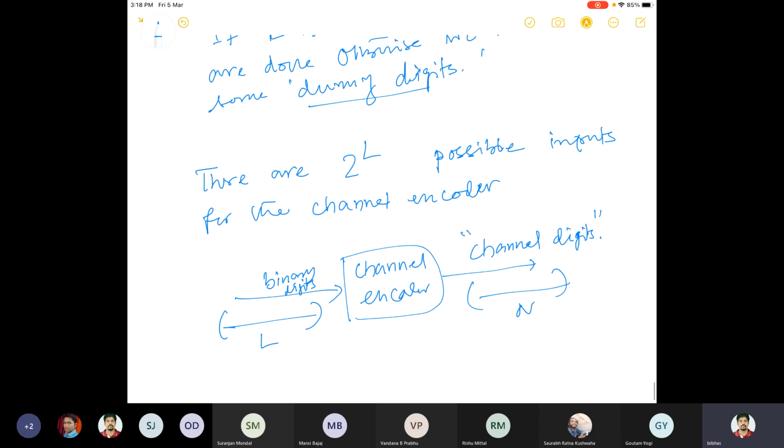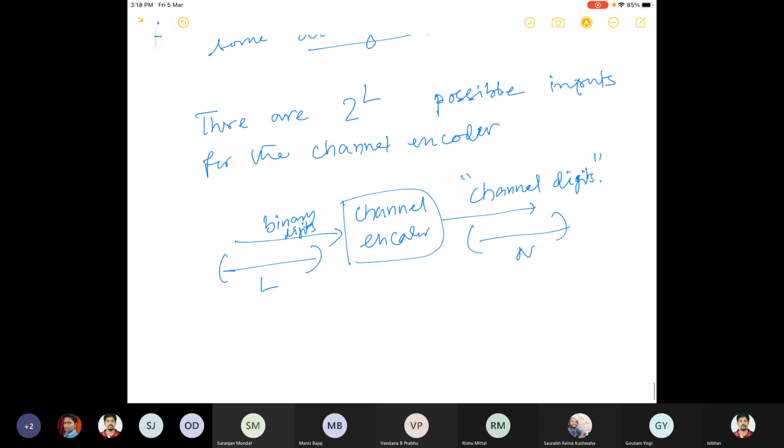So the number of possible inputs for the channel encoder is 2 to the power L. For each such L-length sequence of 0s and 1s, I need to produce one sequence of channel digits of length N.